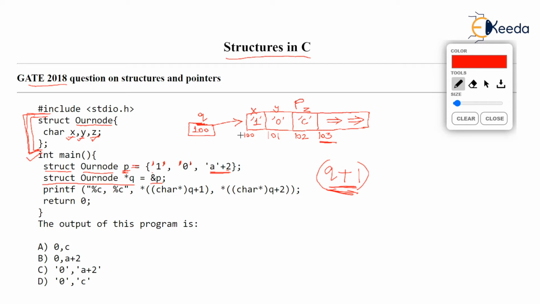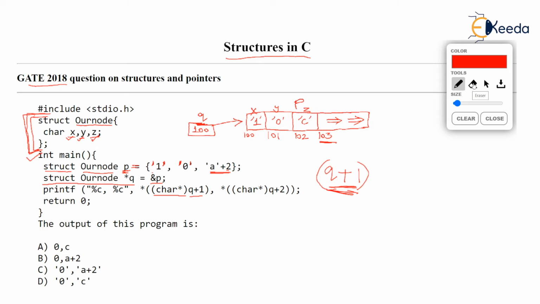But in the printf here, q plus 1 is written, agreed, but before q there is one char pointer written in the bracket. This char pointer written in the bracket is called type casting. We are converting the type of q. You know, q is our node pointer. It is a structure pointer, but temporarily we are saying, hello q, don't act as a structure pointer, but act as a character pointer. Come again. I'll just erase this.